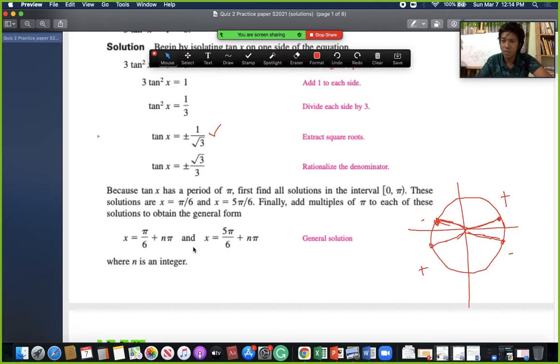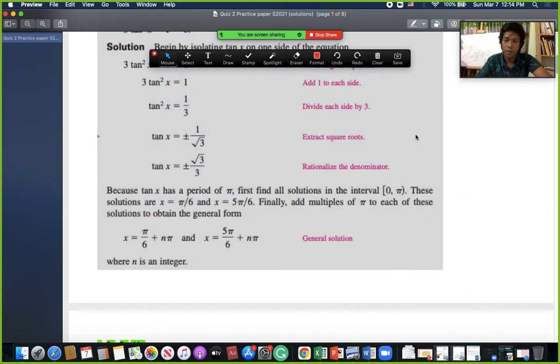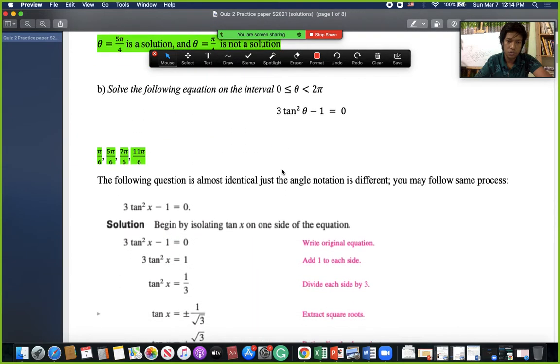We discussed it in terms of k pi, so you can put the value of k also. For different values of k, different answers will start coming. Pretty much the same way, we put the value of n, then we keep getting different answers within the given interval, 0 and 2 pi.